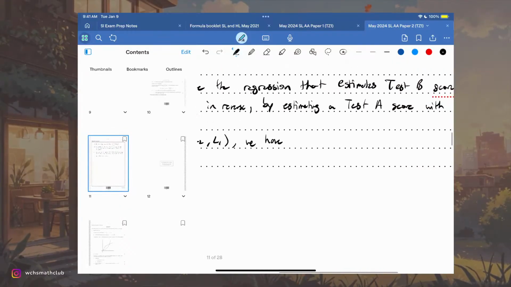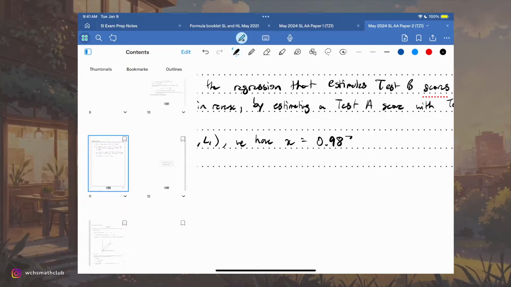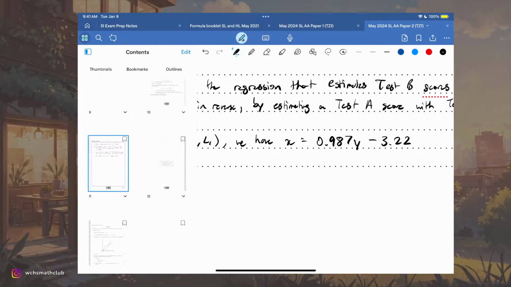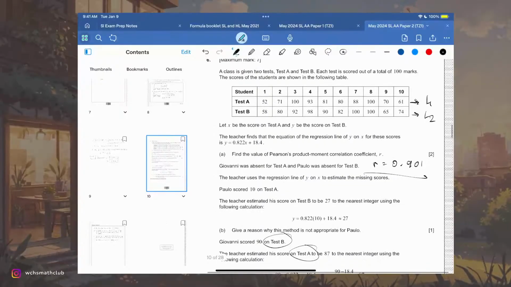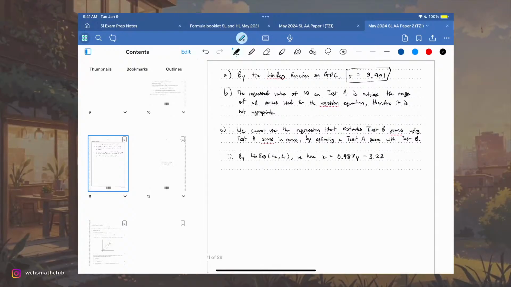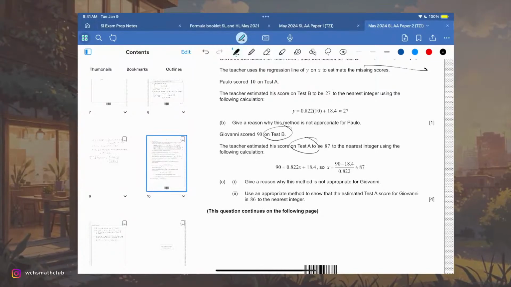and then we would want to use the consistent variables. So x equals 0.987y minus 3.22. Now what you want to do is substitute this value as being 90. So his B score, which is going to be our y, is going to be equal to 90, right?